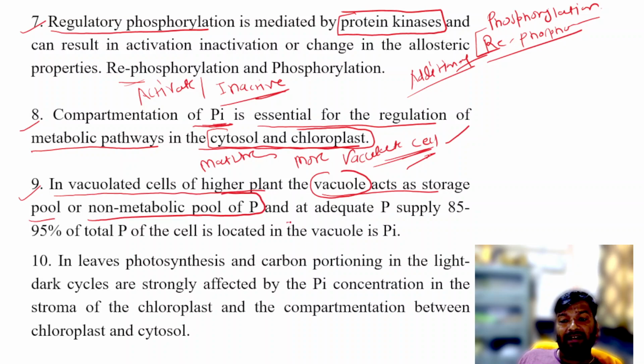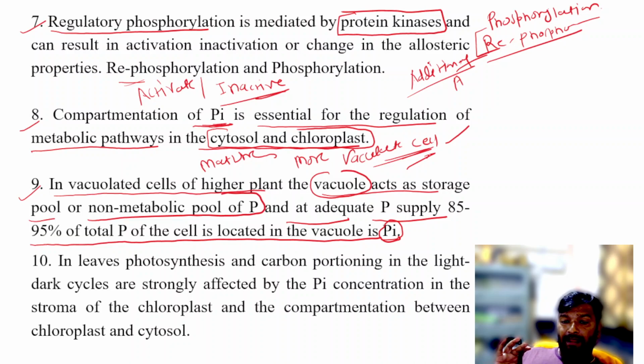However, at adequate phosphorus supply, 85 to 95% of the total phosphorus of the cell is located in the vacuole as inorganic phosphate. So when there is ample supply of phosphorus, most of it is stored in the form of inorganic phosphate in the vacuoles. Okay, and this is non-metabolic, means not available for metabolic reactions.